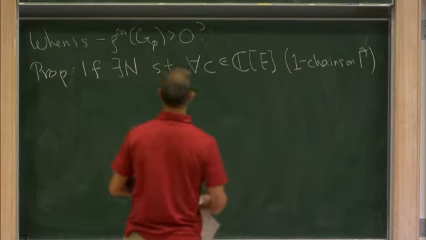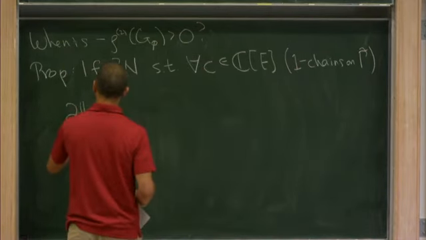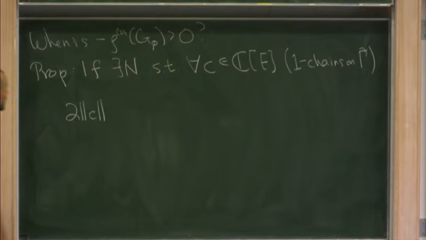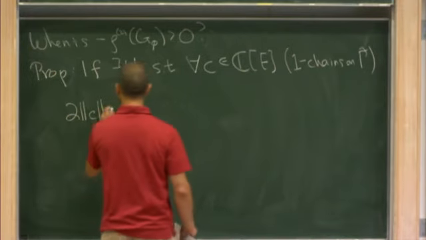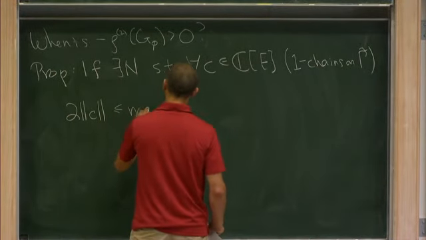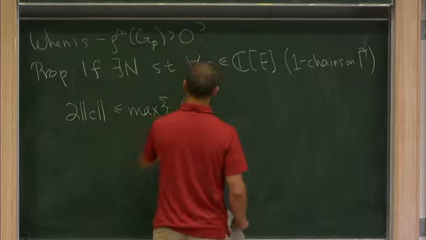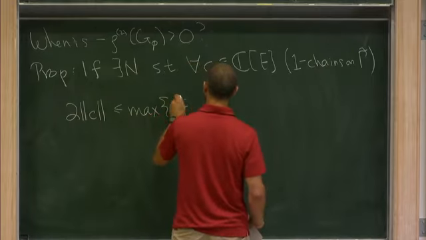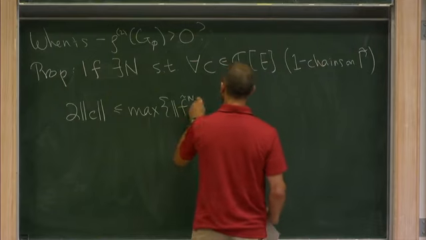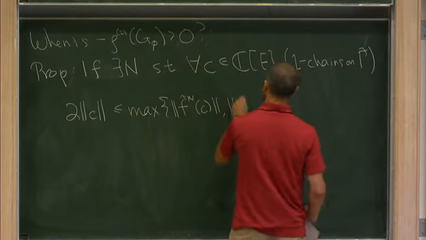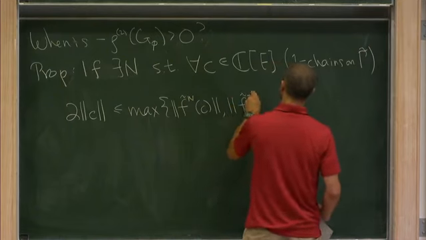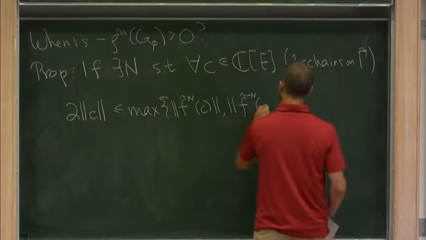So if there's some n such that for all chains, 2 times the L2 norm of that chain is bounded by the max of the L2 norm when you've applied f n times in the forward direction, or let me just be a little sloppy and assume that it's invertible, apply it in the opposite direction.